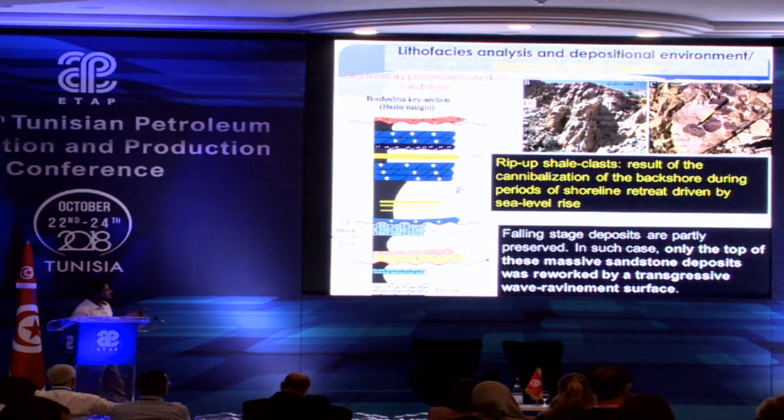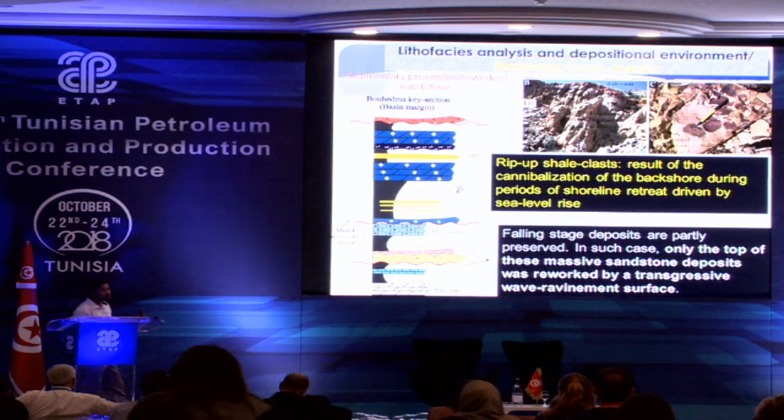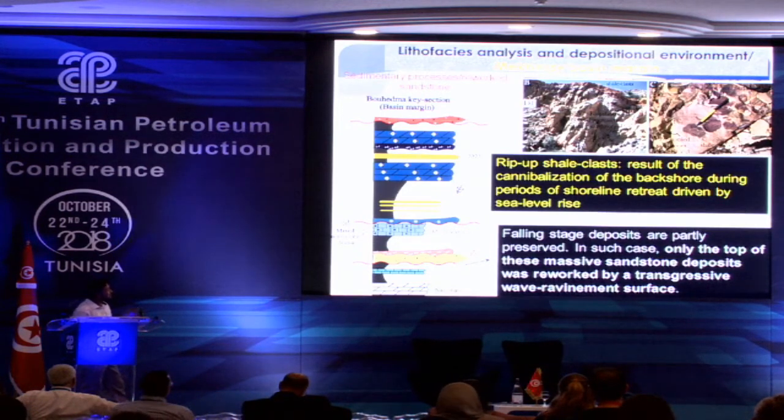Only the top of these massive sandstone deposits was worked by a transgressive wave ravinement surface. It is very important in reservoir studies, because transgressive sandstones are associated with some giant petroleum systems, like the Brent system.